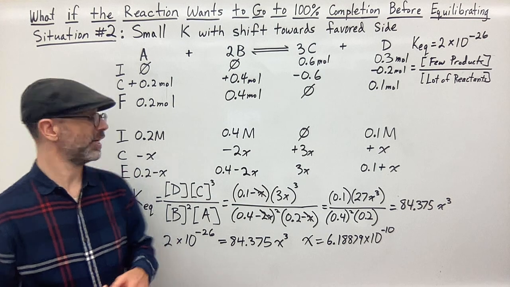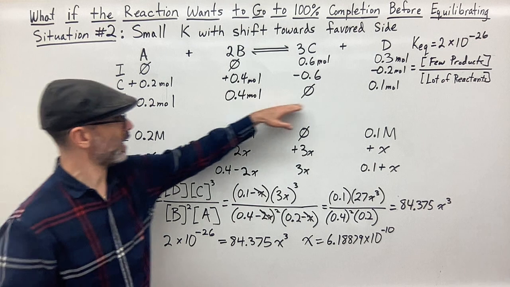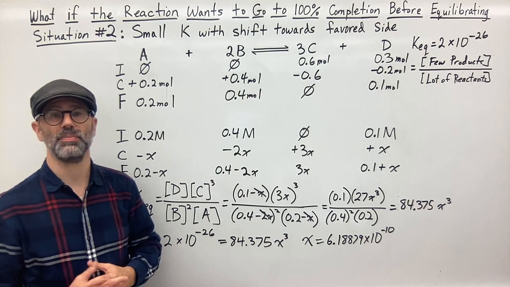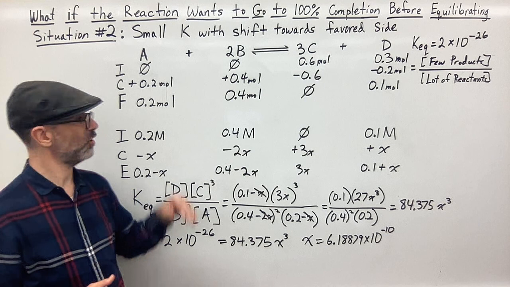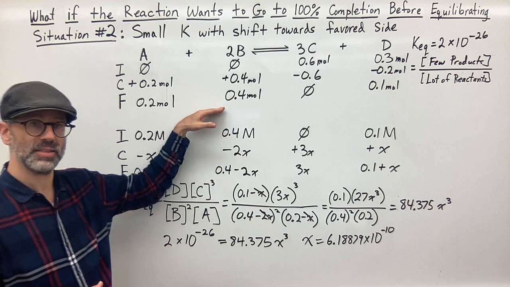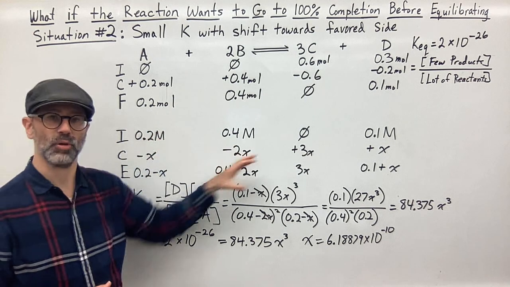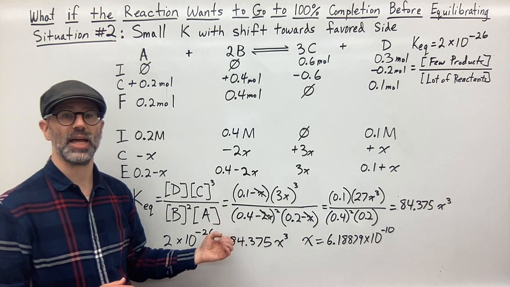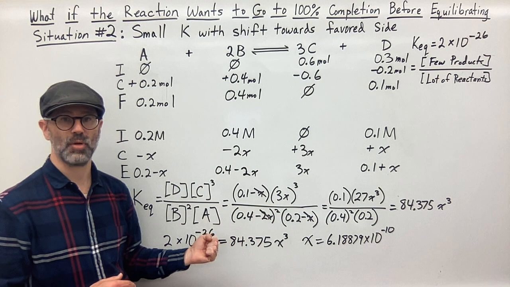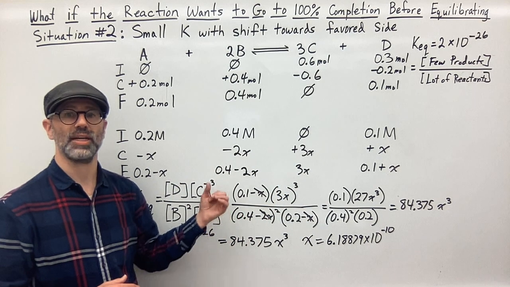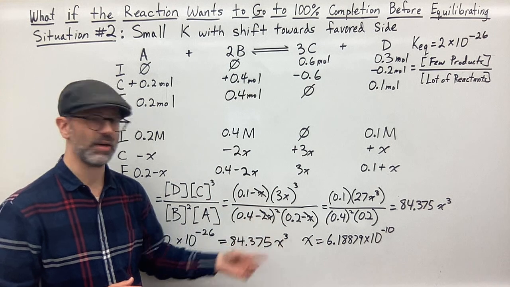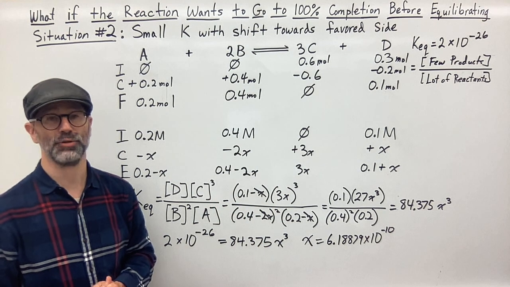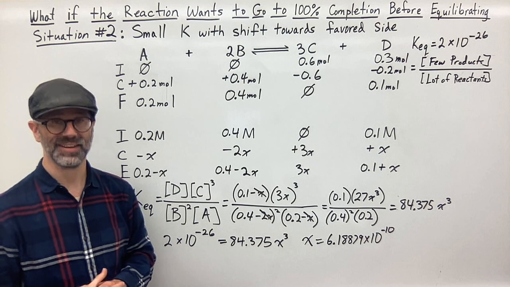And then once you get the final moles after making everything go to 100% completion, you've got to convert that to molarities and then do an ICE table with molarities. If you do that, you'll be sure to be able to use your x is small assumption. You can neglect x, get rid of it, and simplify your calculations, and therefore simplify your life in chemistry.